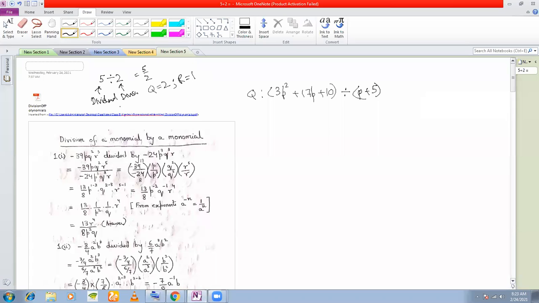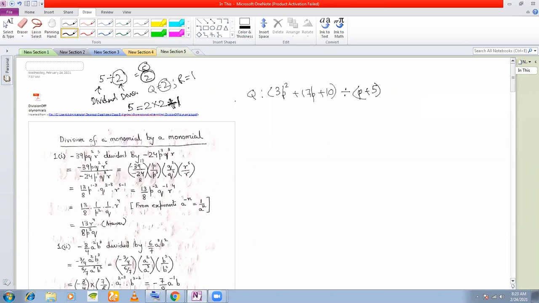Okay. So how do you get the dividend here? What you see here is this 5 is equal to the divisor, which is this 2, divisor into quotient, 2 into 2, plus 1. Okay.